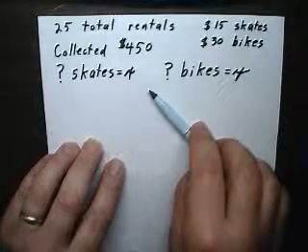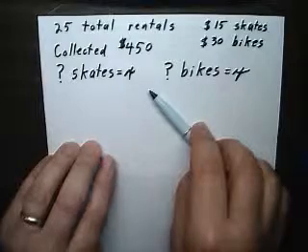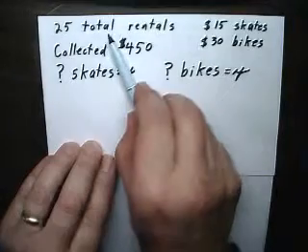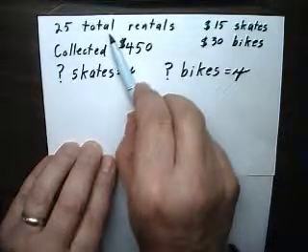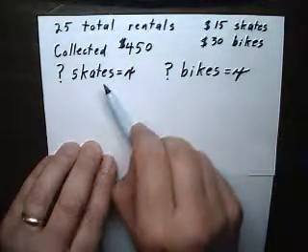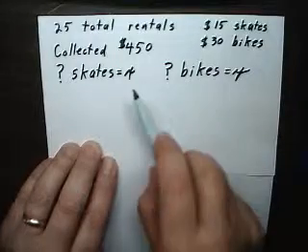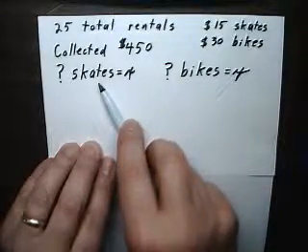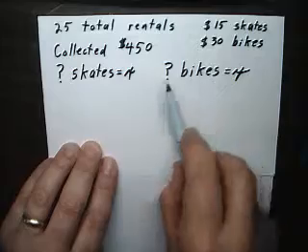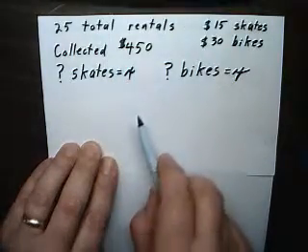The value of two equations is that you can just go for simple things. Like it says there were 25 total. That means they may have rented 10 skates and 15 bikes, or they may have rented 25 pairs of skates and no bikes. But anyway, there were 25 total.